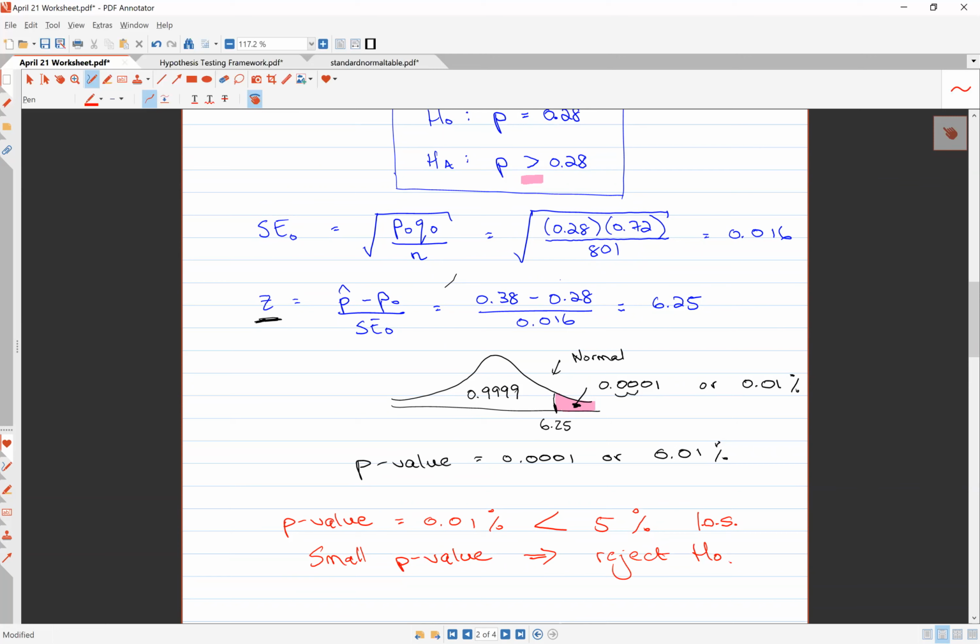What does it mean if we reject the null hypothesis? Well, that means that the truth, or the sample evidence at least, suggests the alternative is true.